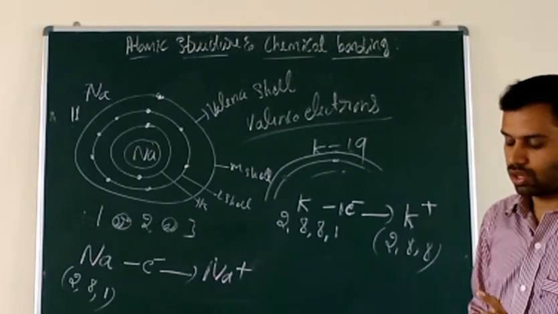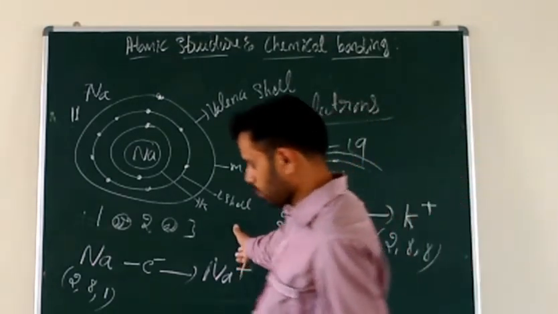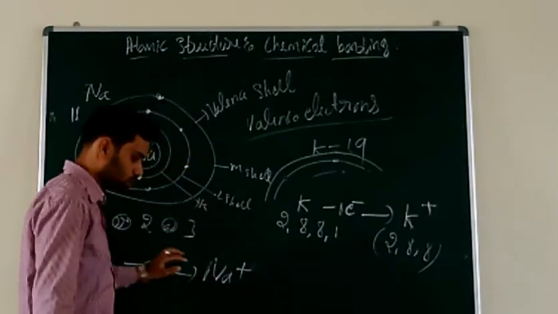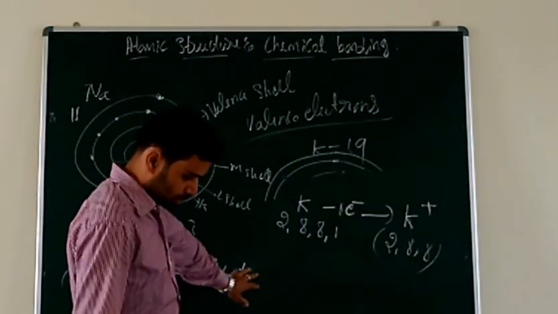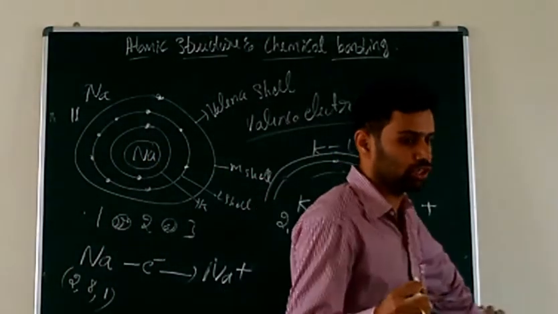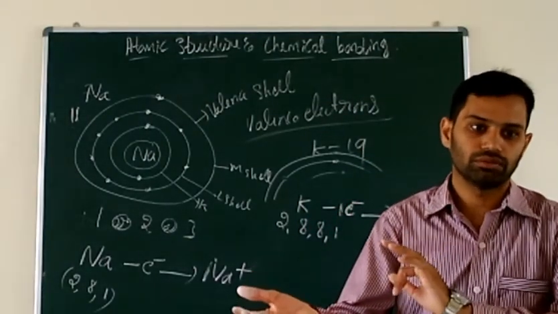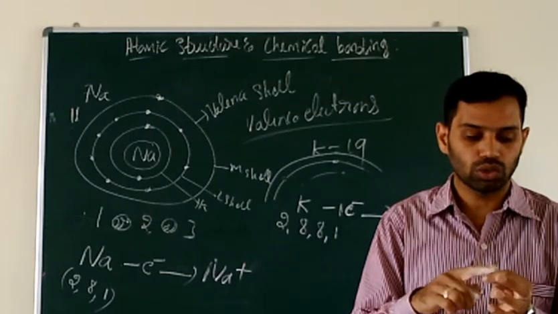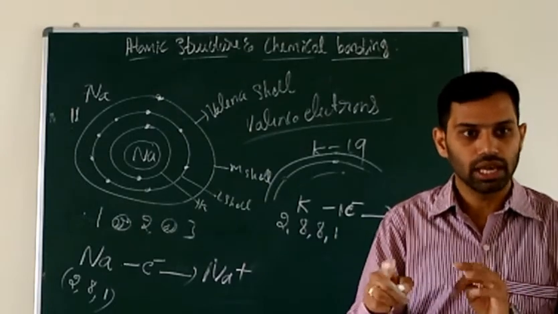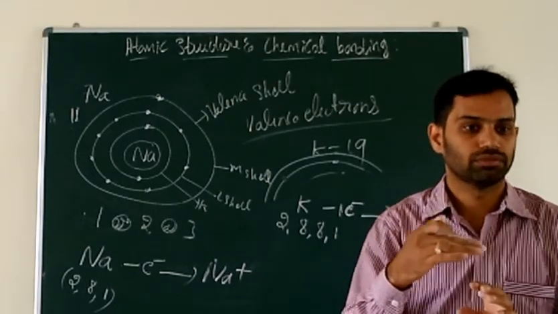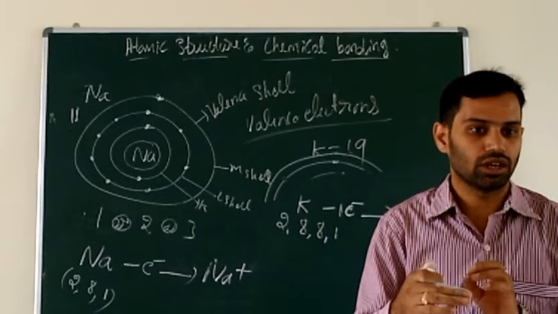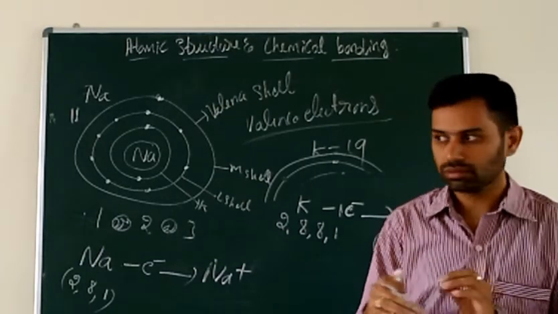So how is the sodium ion formed? By losing one electron, the atom gains a positive charge and changes into the sodium ion. Usually, atoms with 1 or 2 or 3 electrons in the outermost shell always lose electrons.